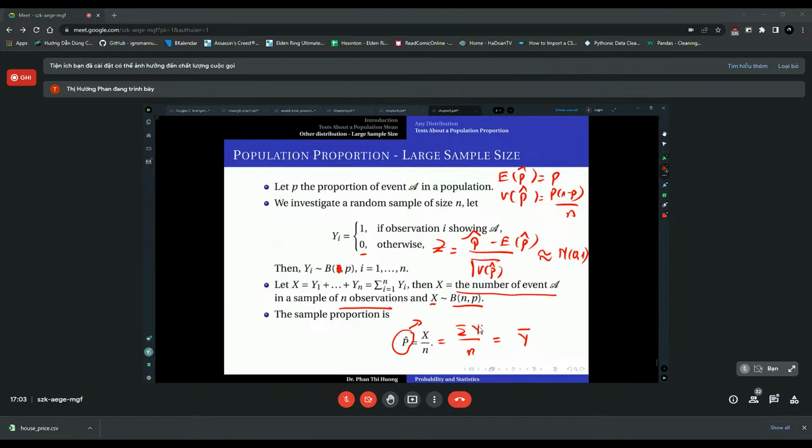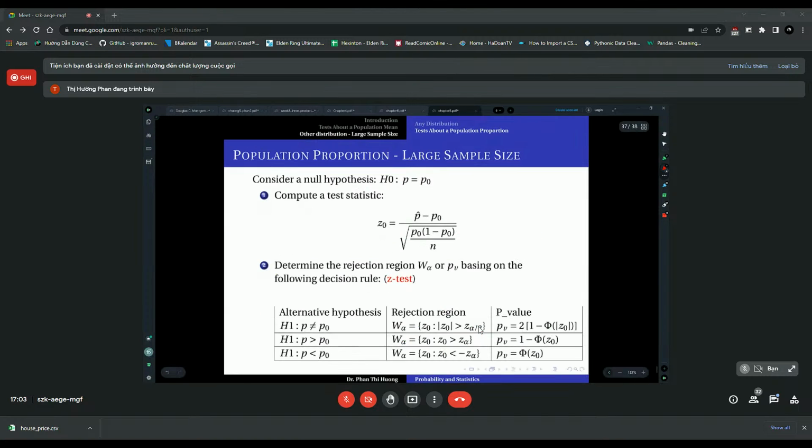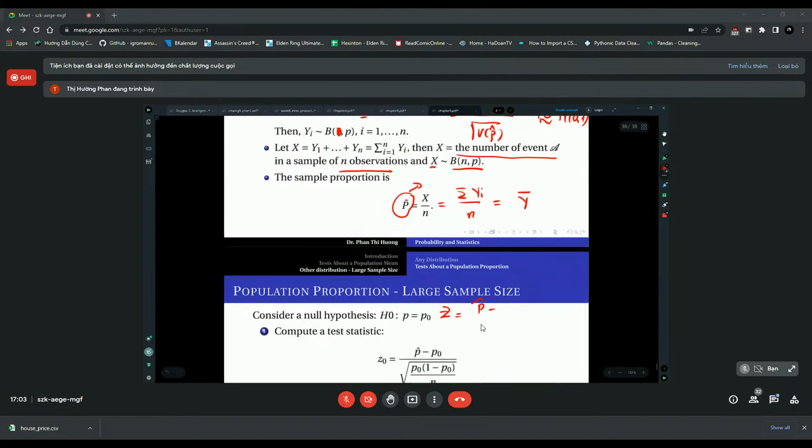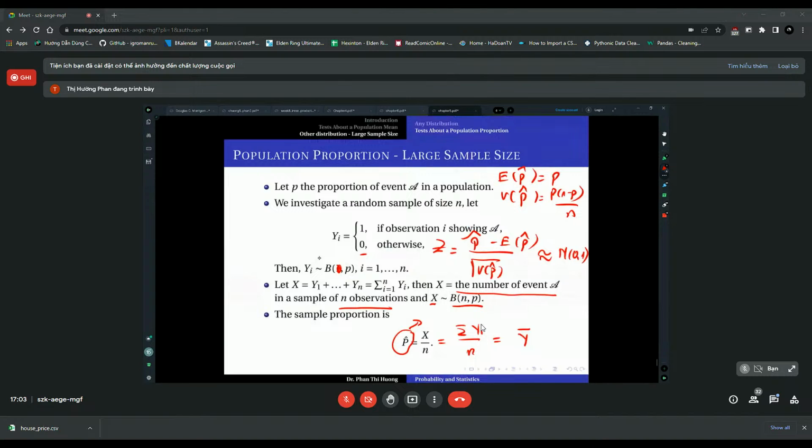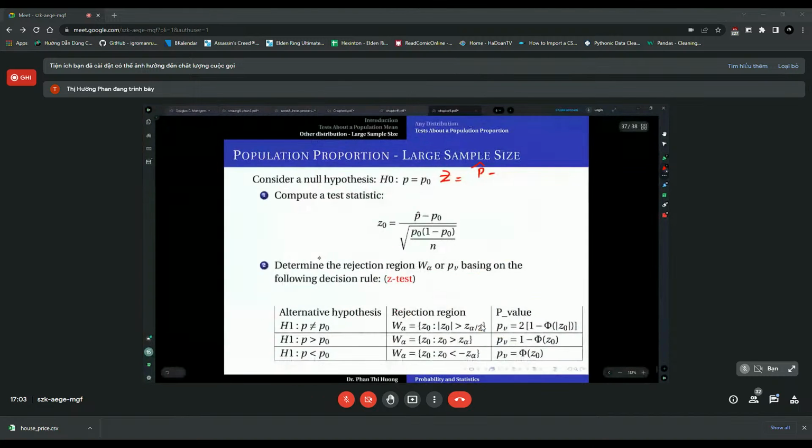Now I rewrite. Z equals p hat minus its expected value, which is p. But based on the fact that H0 is assumed to be true, p equals p0.